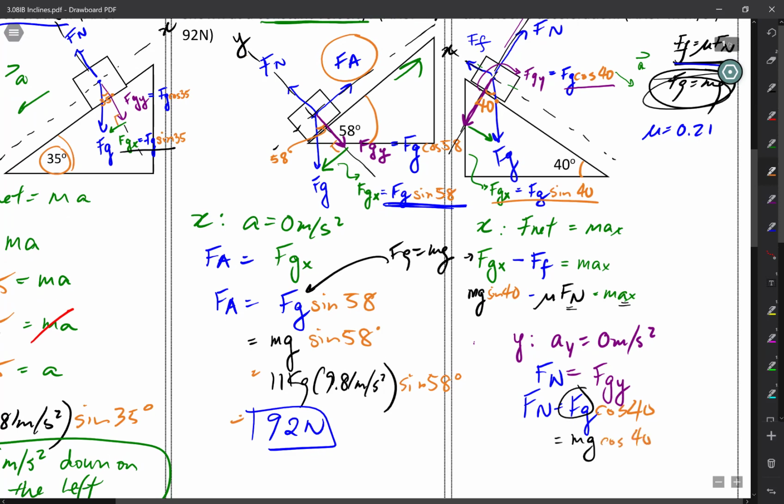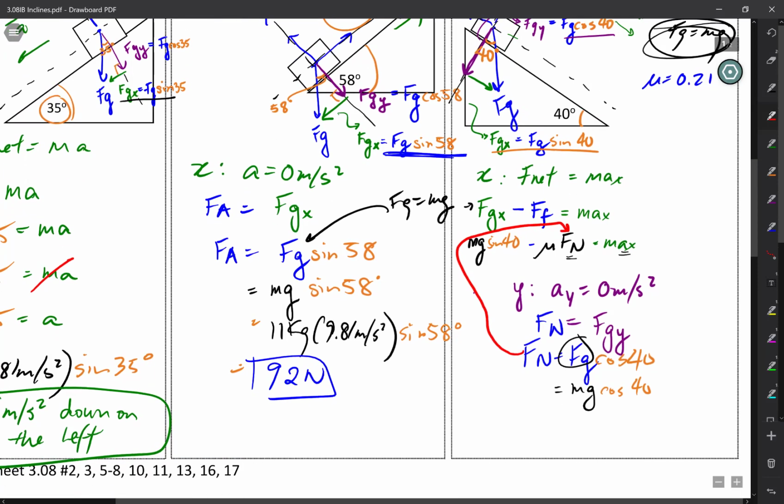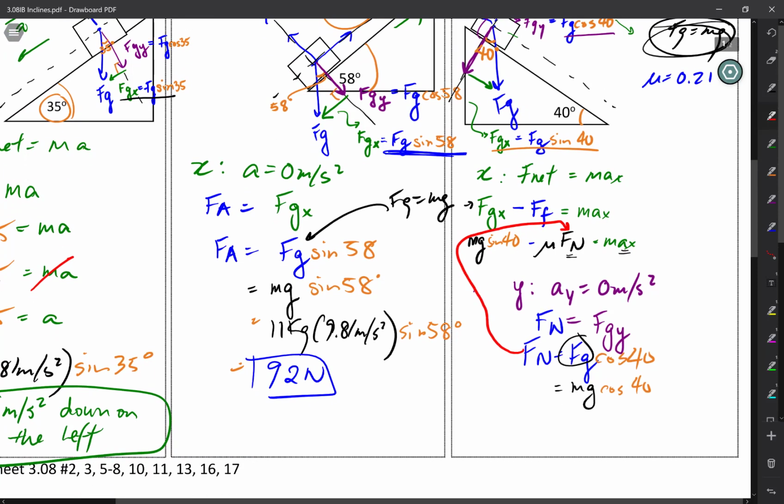We're getting somewhere now. Because why? We have the normal force. We can now substitute the normal force into our original equation. So let's do that over here at the bottom. I'm going to star this.